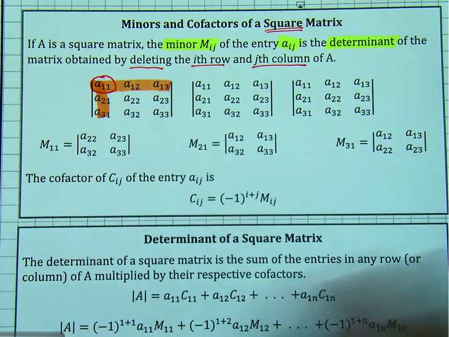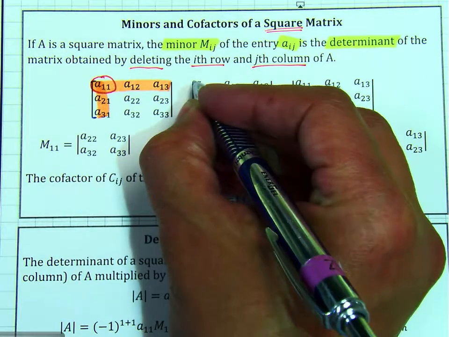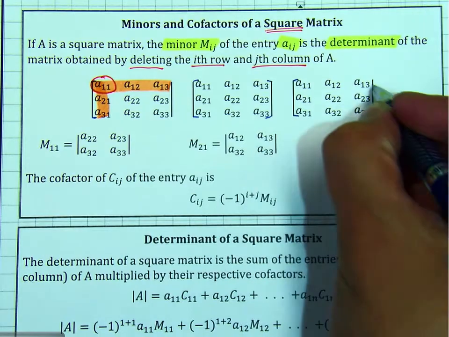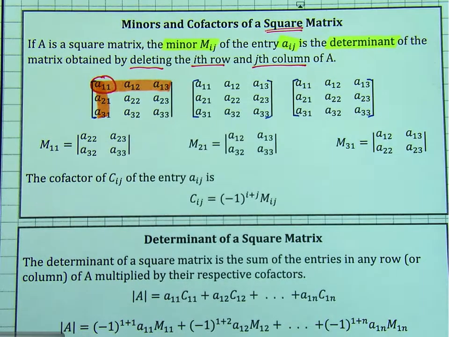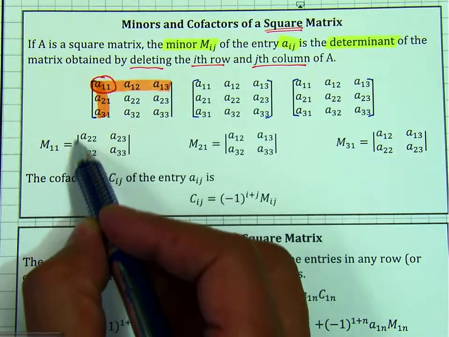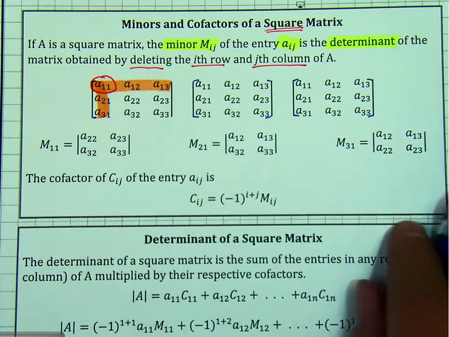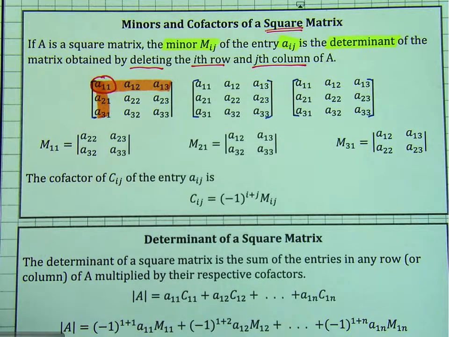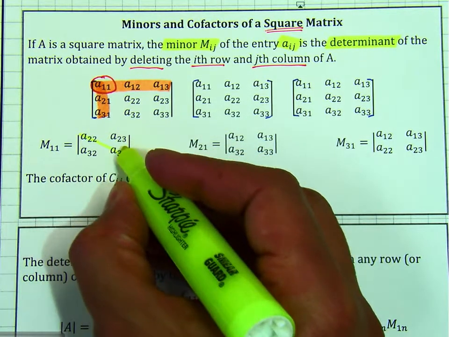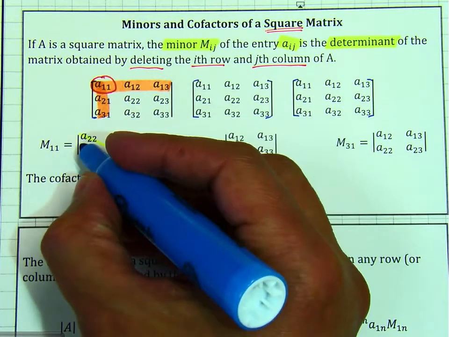Now, if you can do me a huge favor, this one should be blocked. Whenever you find the difference between a bracket and a line, in this case, this is the determinant. We need to be able to find the determinant, and we're going to do that on example number 2, just like we did in example number 1.